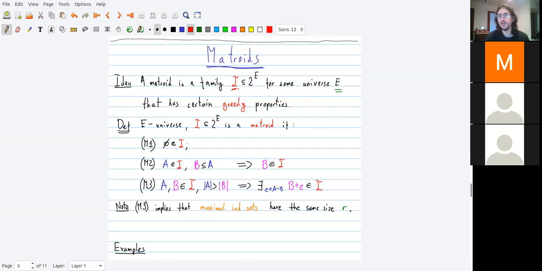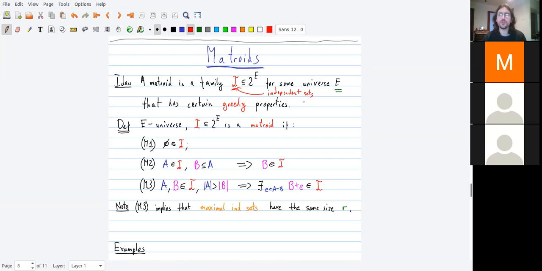So this calligraphic I is a family of subsets of this universe, and you think of the sets in a matroid as independent sets. This will become clear in a moment. So you imagine that a matroid is essentially, for every subset of the universe, you say whether it's simple or complicated, and simple means independent.